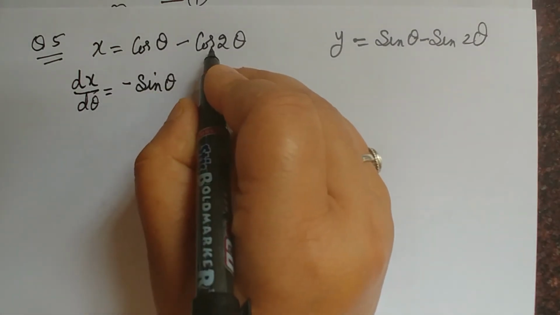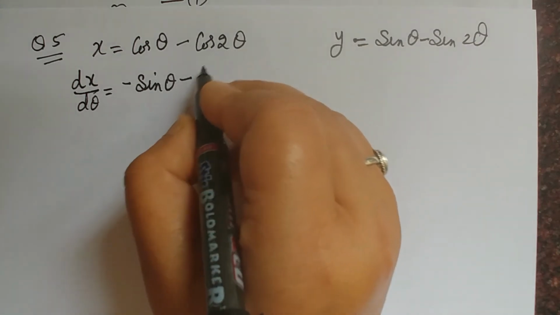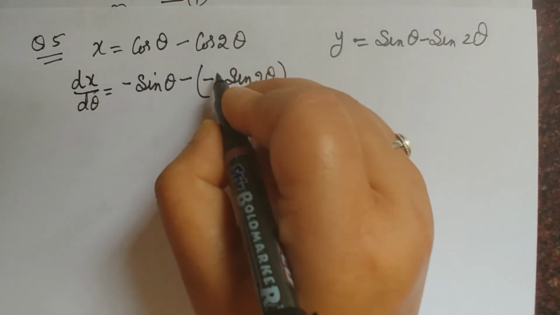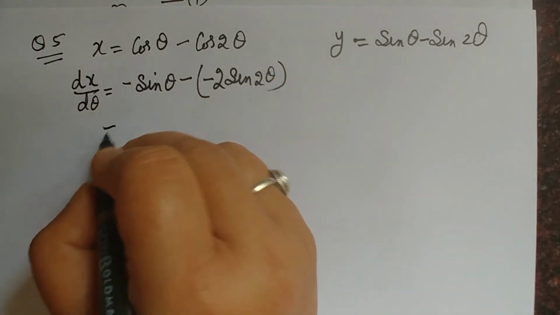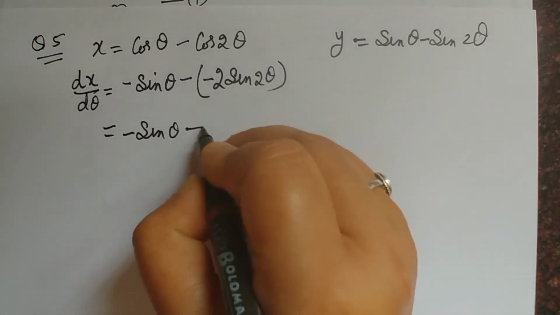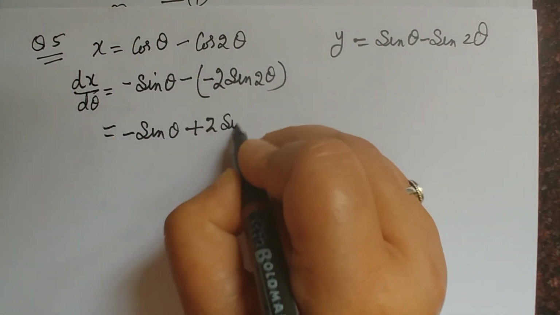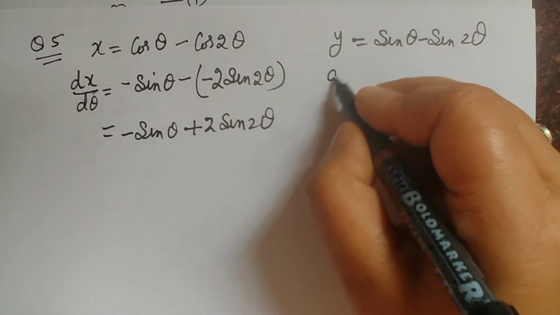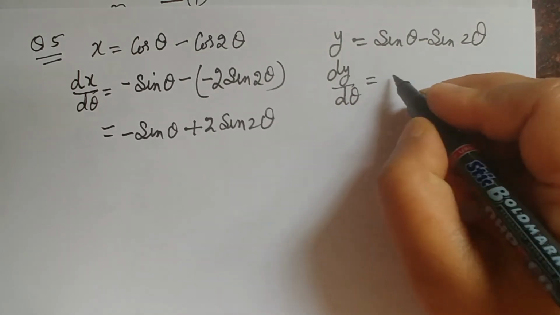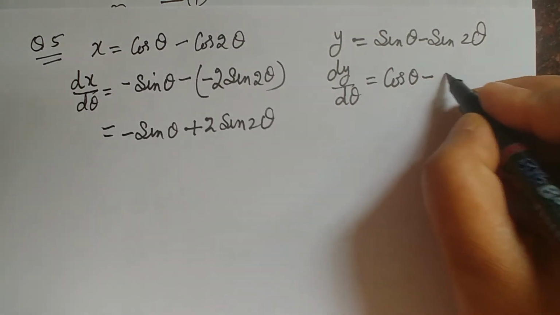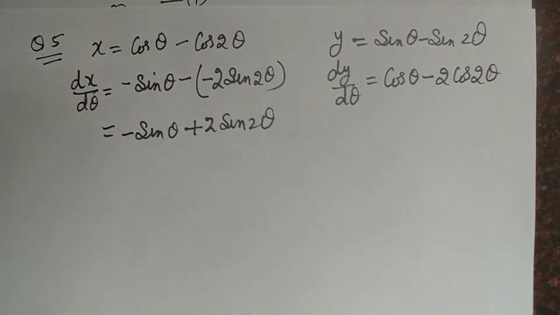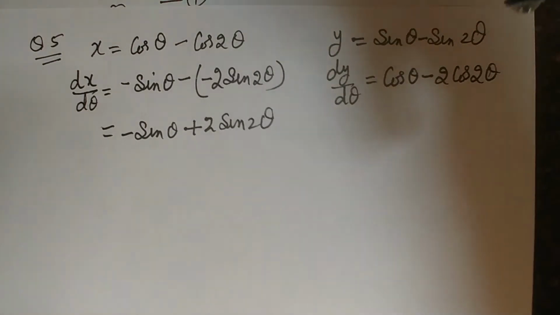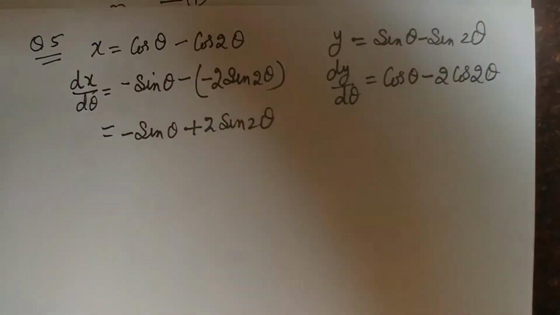Again the derivative of minus cos 2 theta is plus sin 2 theta, but the derivative of 2 theta will be 2. So it will be minus sin theta plus 2 sin 2 theta. Okay, and dy upon d theta is equal to cos theta minus 2 cos 2 theta.